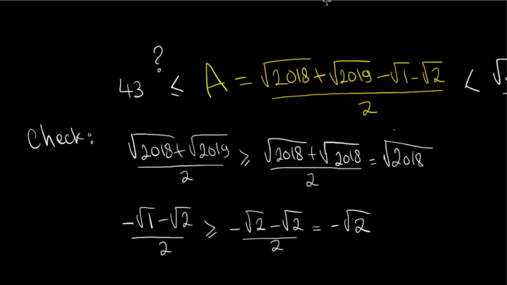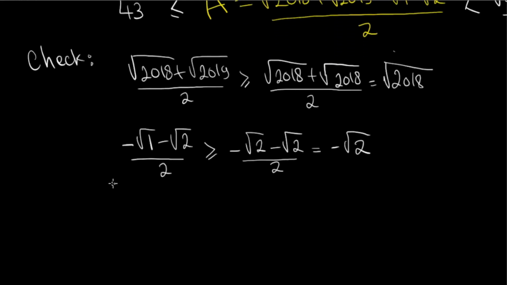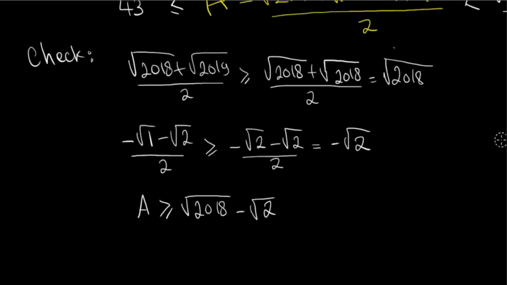So we get another simple form: a is clearly bigger than this. Now, is this bigger than or equal to 43? We want to find out whether this is true.